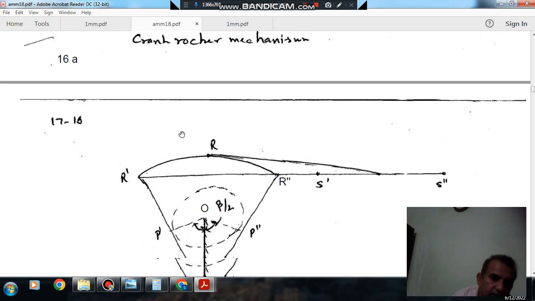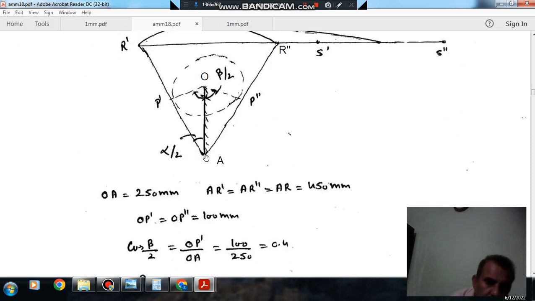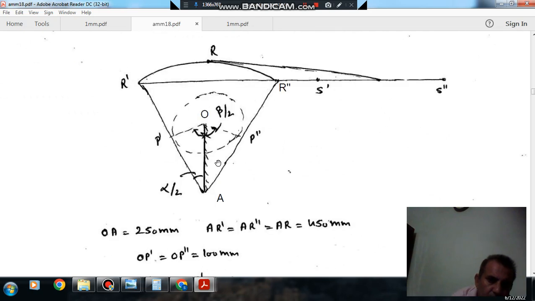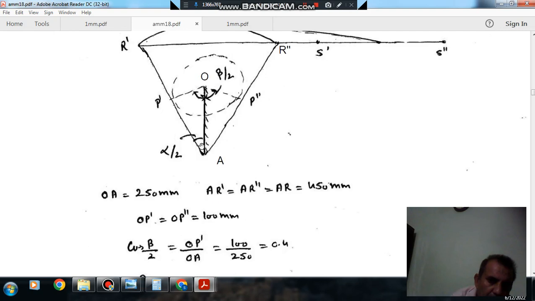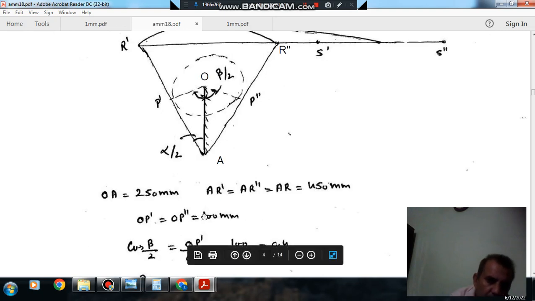So here this is your link AR dash, and AR and AR dash have the same length. So the length is 450 mm, and OA is given as 250 mm, and now we have to determine this angle alpha by 2, and OP dash is given as 100 mm.